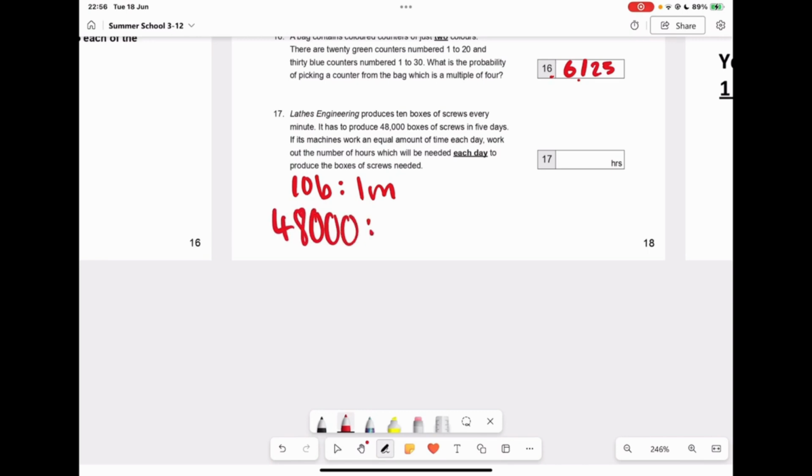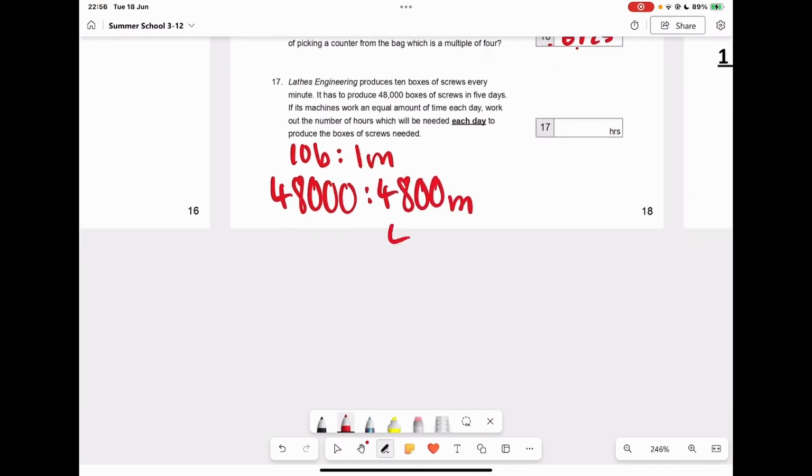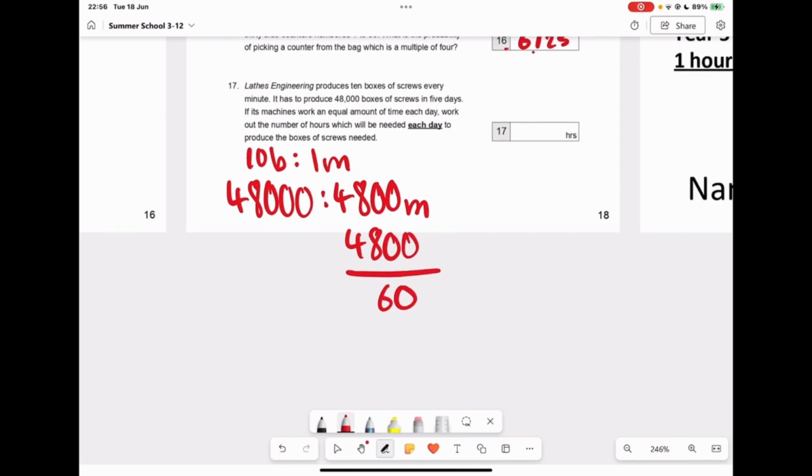Okay, so first we can find the scale. It's like doing 10 multiplied by 4,800. So it will take 4,800 minutes. Then what we need to do is divide 4,800 minutes into 60 because it's looking at how many hours will need to be worked each day within the 5 days. Okay, no. So now what we need to do is divide by 5 first.